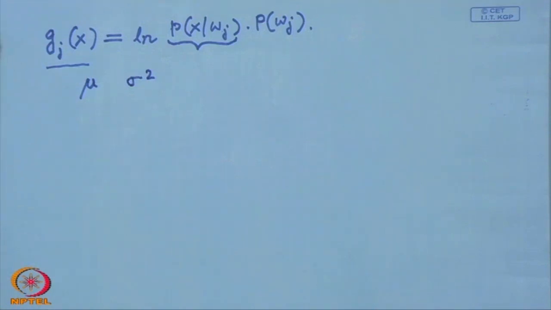If I look at the probability density function defined over a single scalar variable x, then if I know mu, the mean of the samples, and the variance sigma square of the samples, I have defined the curve which represents this probability density function.